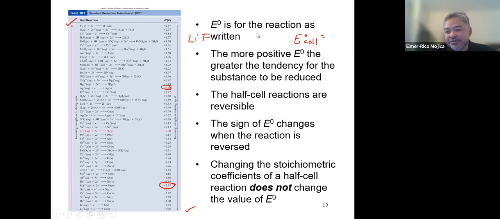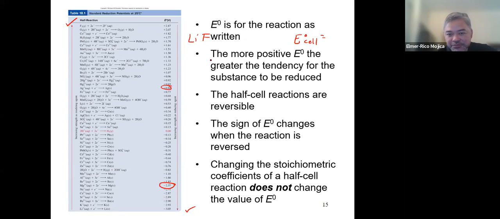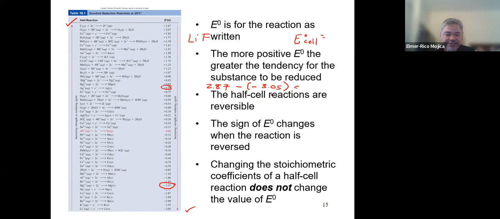What's the battery that you use in your cell phone? Is it lithium based? Yeah. Because the combination that you have there is 2.87 minus negative 3.05. That's the highest that you can get. So the E cell is 5.92. Whatever the answer there, that's the E cell that you have, and that's the highest that you can get from the combination that is known.